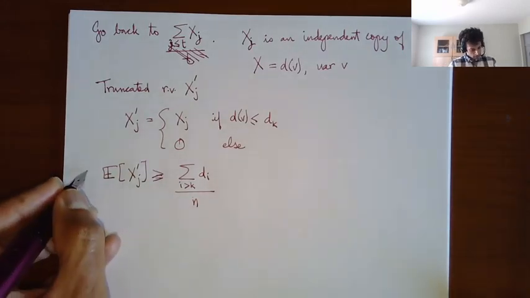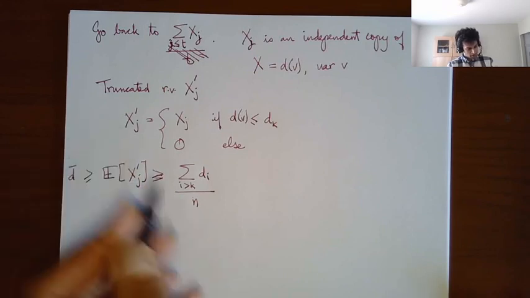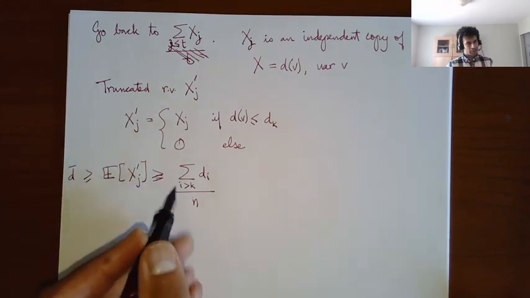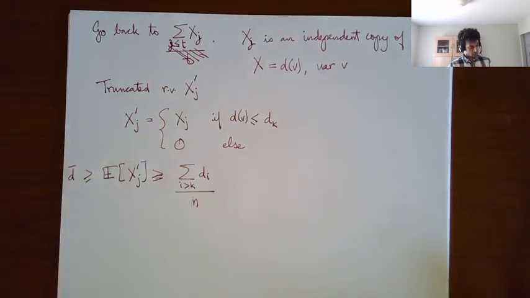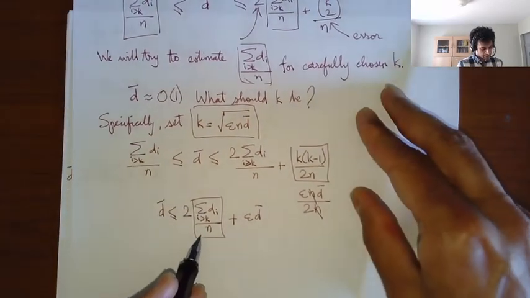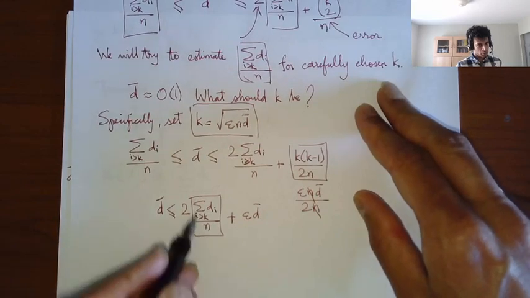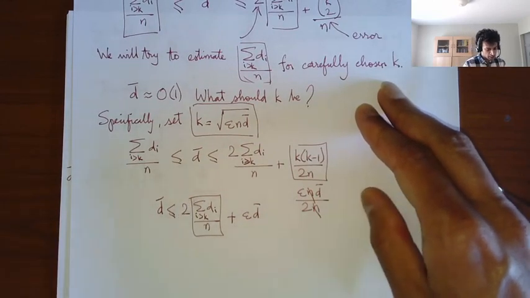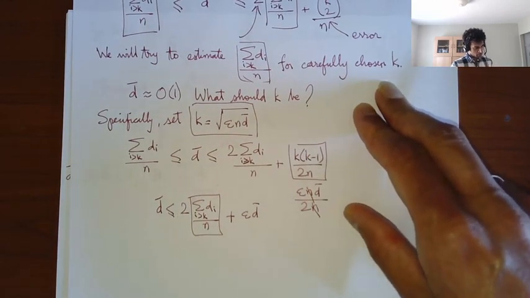And obviously this is at most the average degree. The reason I put at least and not strictly is because there could be degrees that are the same. So this expectation is pretty much exactly what we want here, which is the truncated estimate.